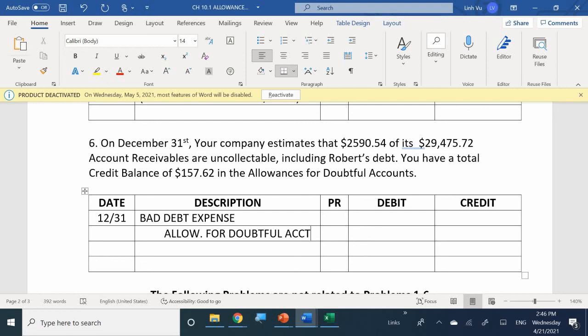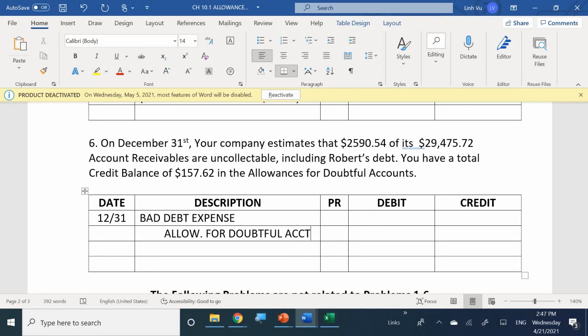Up there we only had a debit balance of $1,031.42, right? What if someone paid us $2,000? Then you would have credited, so that's why we have a credit balance in the allowance for doubtful accounts. Right now, it does include Robert. But remember, Robert's not our only customer.